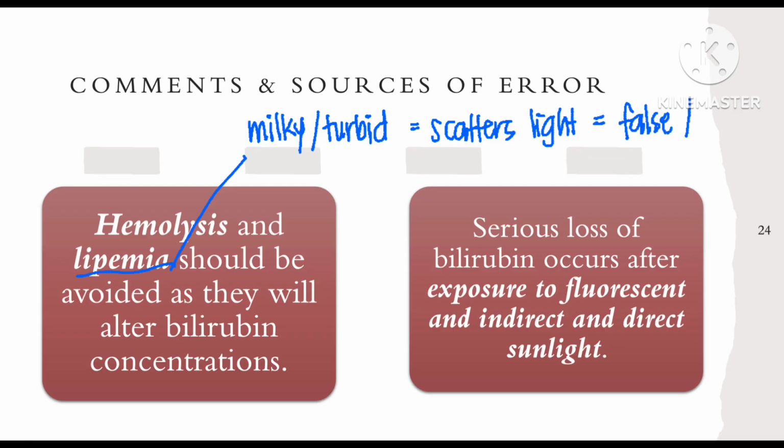This leads to falsely high, or can also be falsely low, bilirubin values depending on the instrument and the wavelength used. In direct spectrophotometric methods, lipemia increases the background absorbance, making accurate determination impossible. So if there's optical interference, then there will be inaccurate bilirubin concentration.